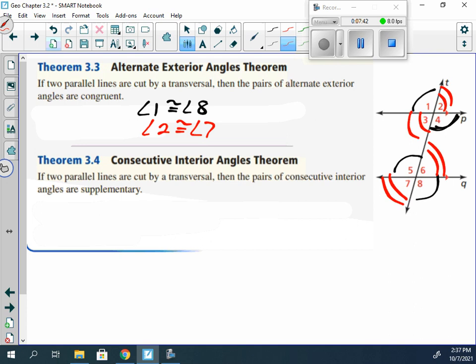So really, out of these 8 angles, we only have 2 different values. Well, what do angles 1 and 2 do? They make a straight line, so they add together to be 180. That means 2 and 4 add together to be 180. Really any of them, if they're not congruent, they add together to be 180. Because if we have 2 parallel lines cut by a transversal, either the measures are going to be the same or they're going to add together to be 180.